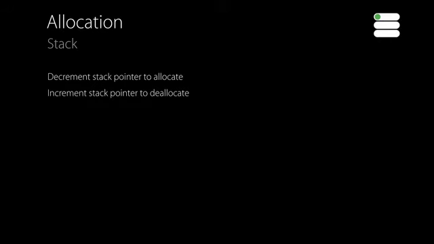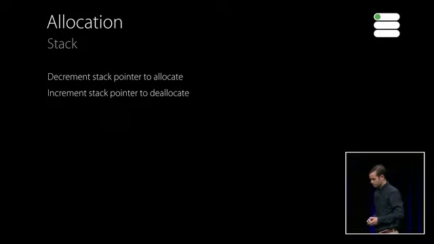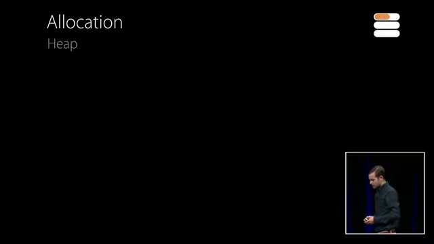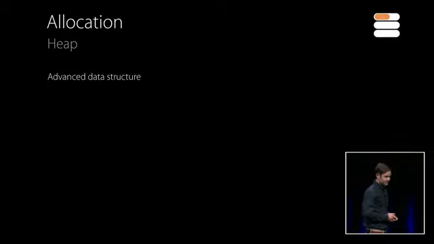Now, if you're not that familiar with the stack or stack pointer, what I want you to take away from this slide is just how fast stack allocation is. It's literally the cost of assigning an integer. This is in contrast to the heap, which is more dynamic but less efficient than the stack. The heap lets you do things the stack can't, like allocate memory with a dynamic lifetime. But that requires a more advanced data structure.